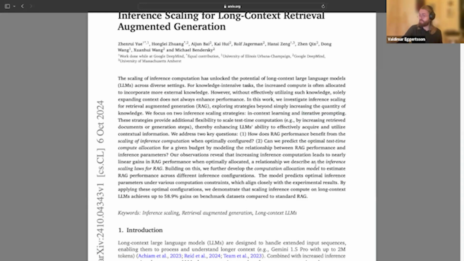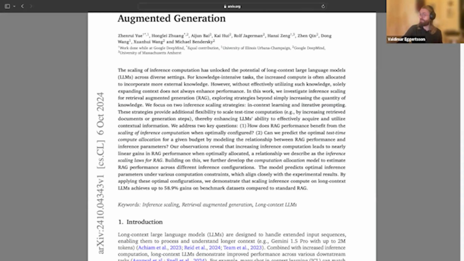There are two questions. I'll quickly go through them. Question number one: how does retrieval augmented generation, how does its performance benefit from the scaling of inference computation when optimally configured? So they're looking at how can I make it better by putting lots more compute into it, and how can we do it in a good way?